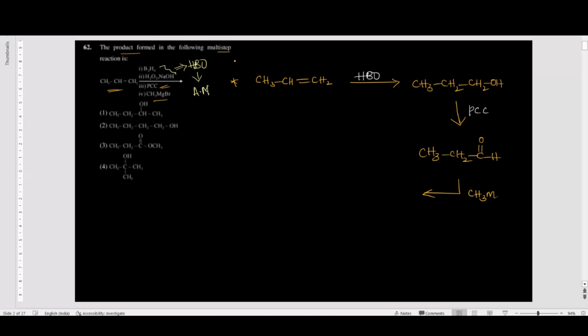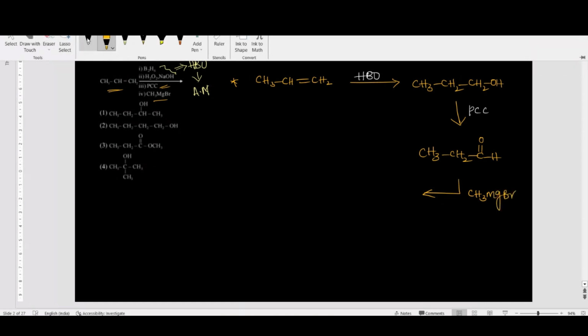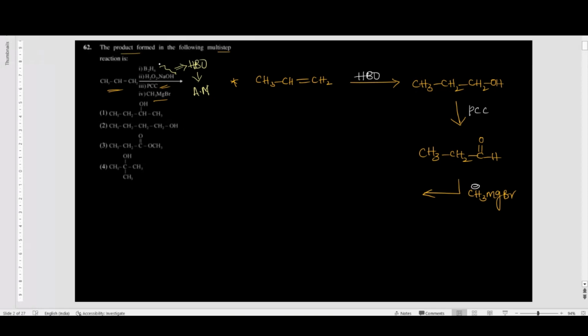And then again they have given CH3 MgBr, a Grignard reagent, right? So the CH3 negative acts like a nucleophile, and it will attack on this carbonyl carbon, and then the bond shifts towards oxygen.